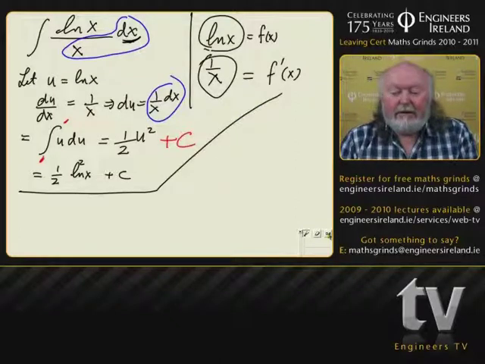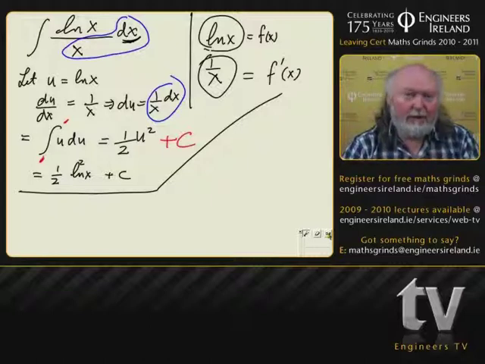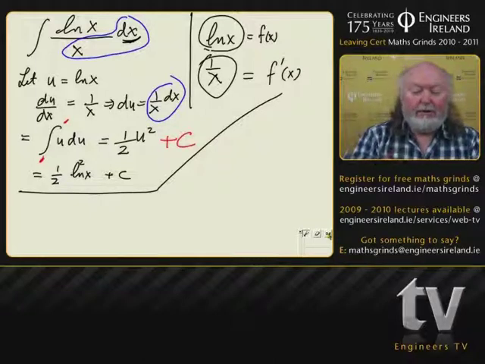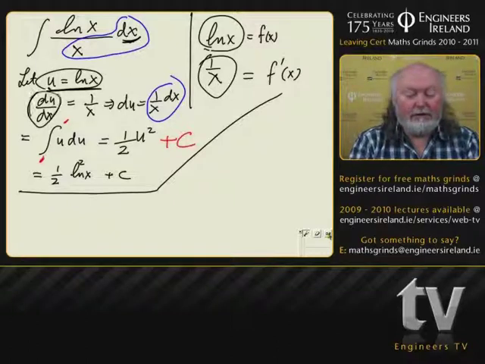So there's a lesson to be learned here. When you have two functions like this and you're looking to see where or how you will use a substitution, keep your eye on what happens. Once you've declared a substitution, you know you're going to be differentiating it.